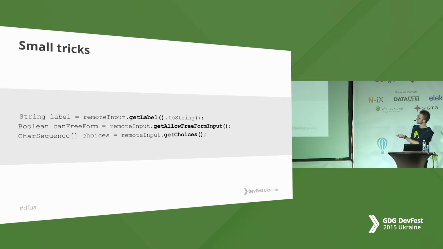And this is the get allow freeform input in the middle. So we get the boolean of whether we can put any string that we want, or are we limited to some actions like get choices. We get an array of choices that maybe the developer limited to. And get label, the first one, gives you the title that is visible to the user while the app expects them to speak to the watch.